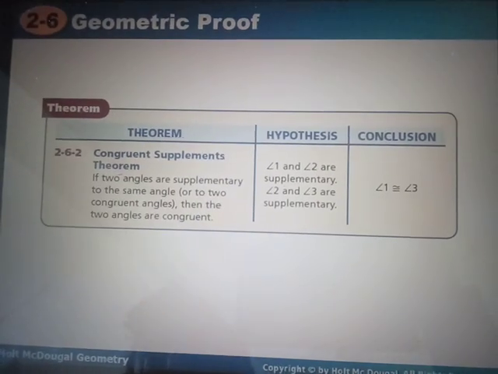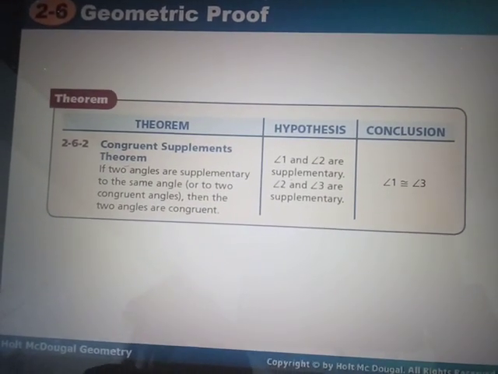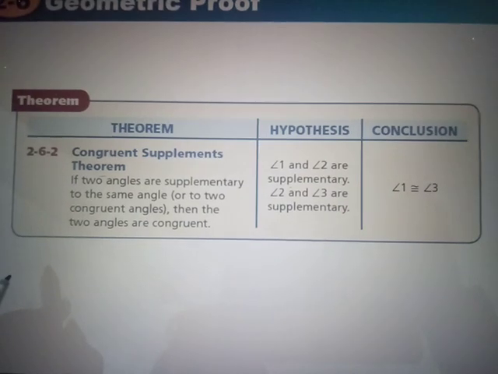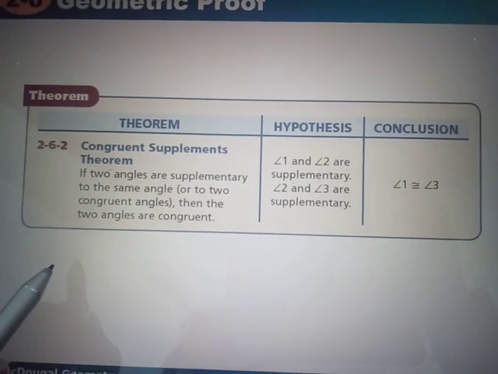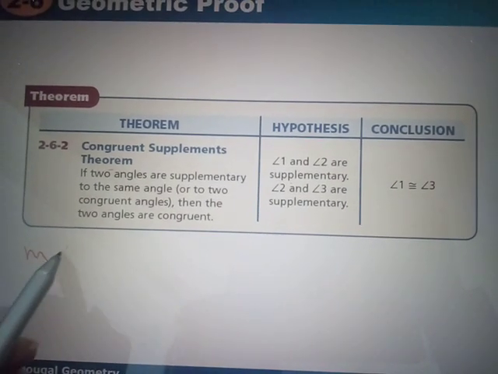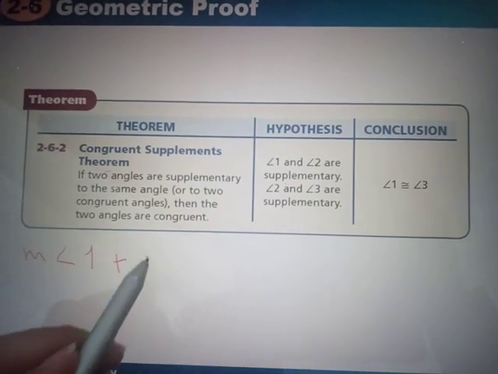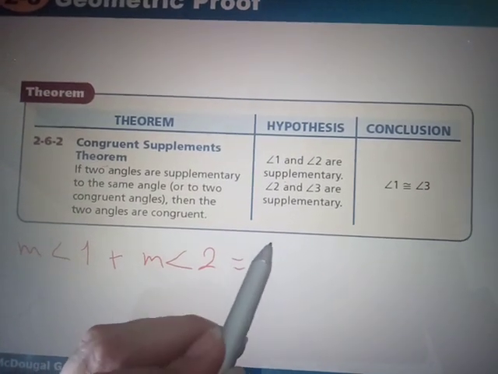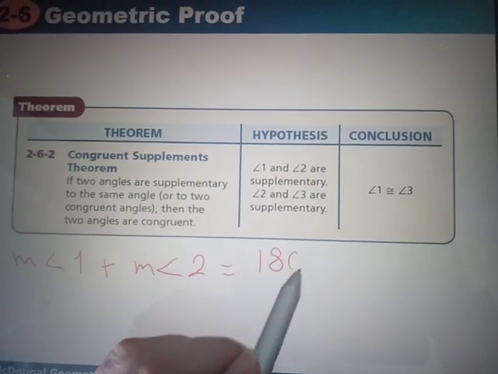Again, measure angle 1 plus measure angle 2 equals 180 because they are supplementary.